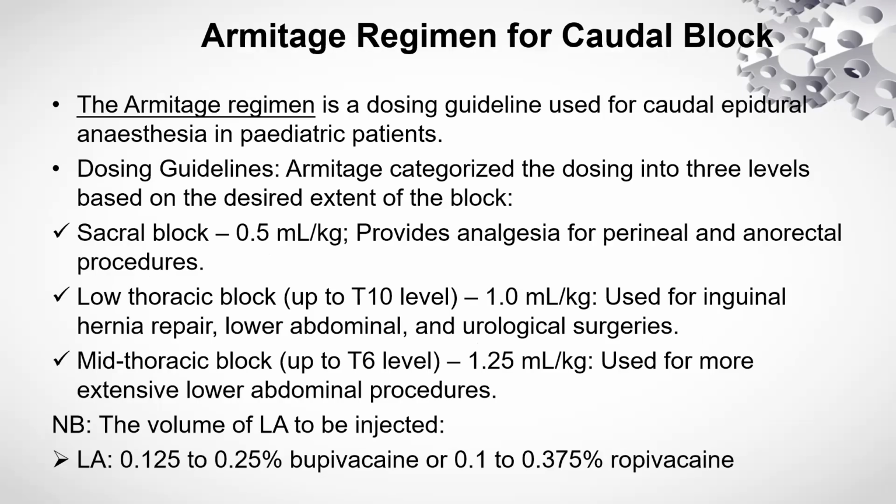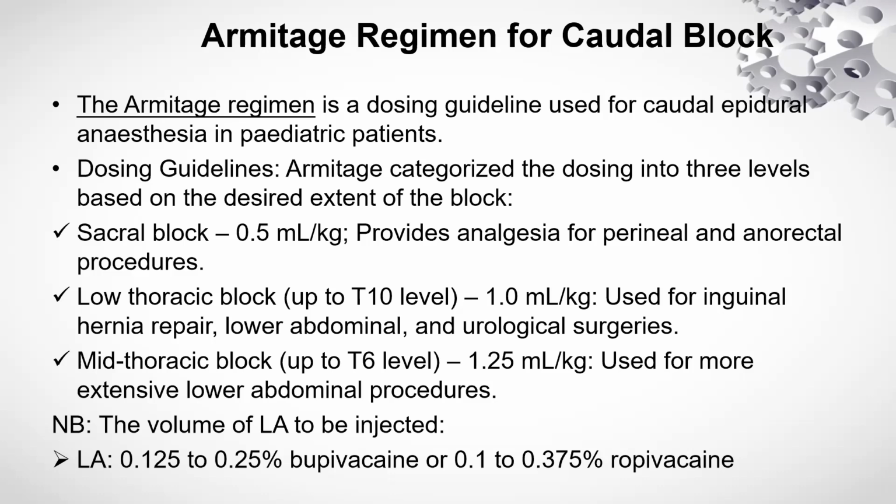Then we have the Armitage regimen. That is what we use to calculate what we did earlier on. It is a standard guideline to determine the volume of local anesthetic agent to be given. Armitage categorized the dose into 3 levels based on the desired extent of the block.